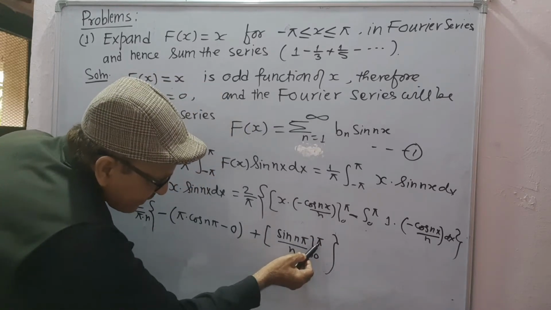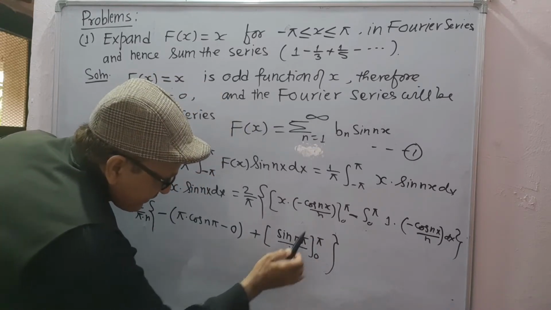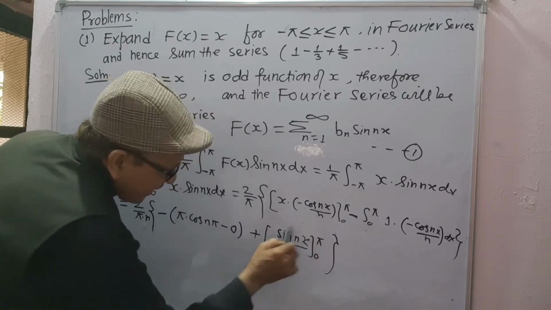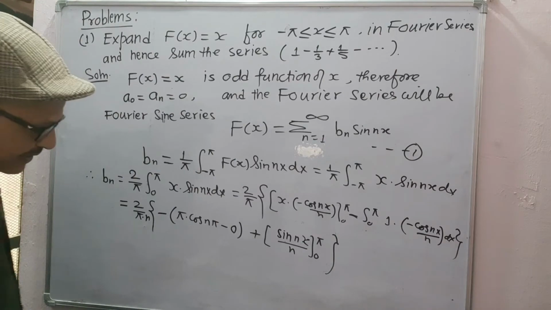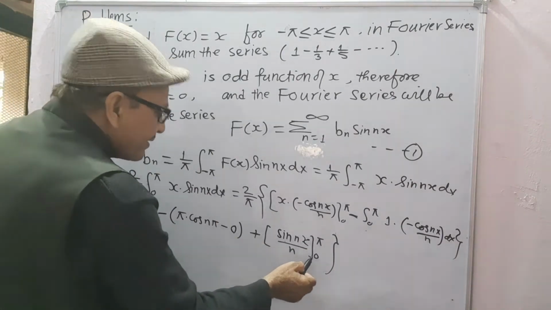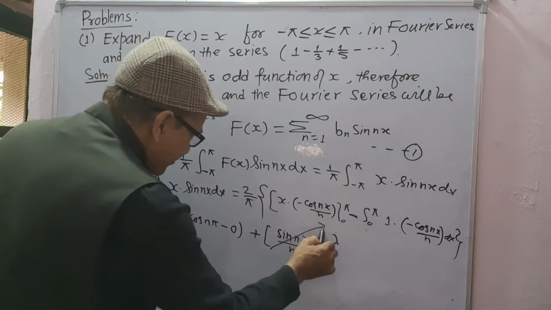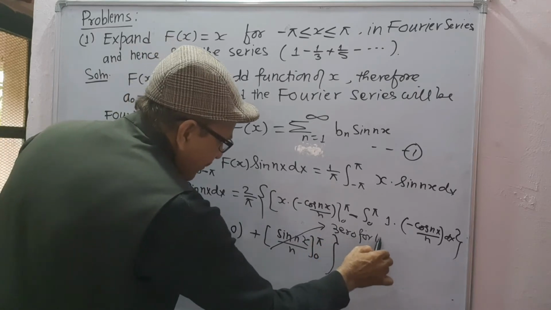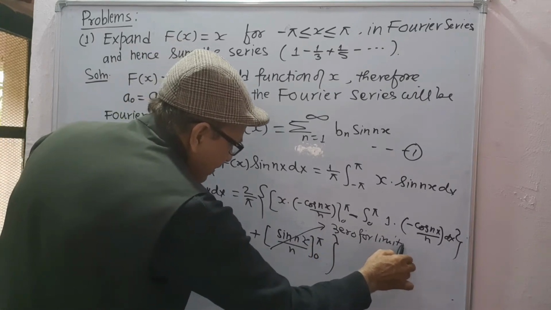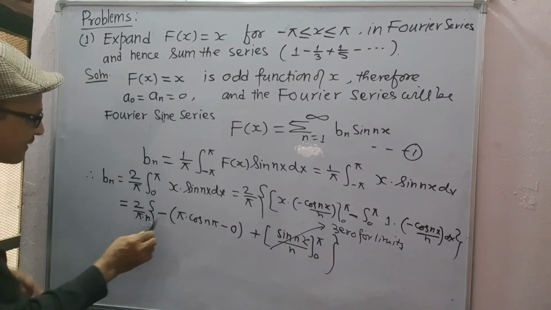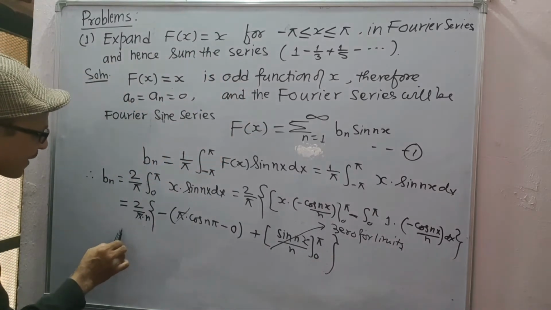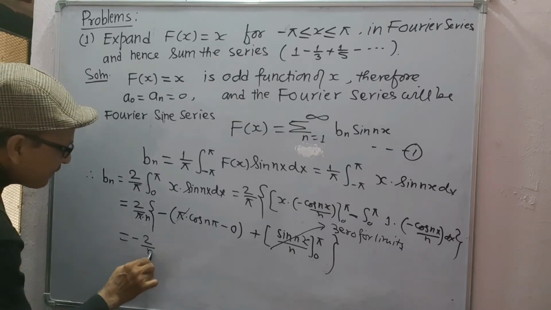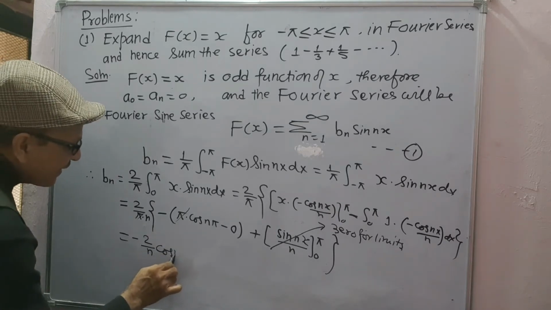Sin n pi is 0 for upper limit and sin 0 is 0 for lower limit. So this gives 0 for both limits, and we get this pi cancels this pi, we get minus 2 upon n cos n pi.